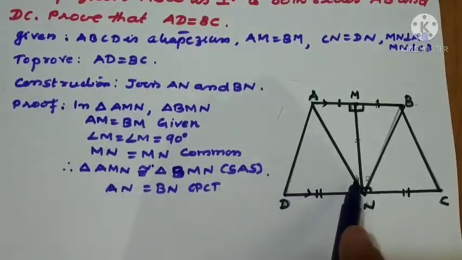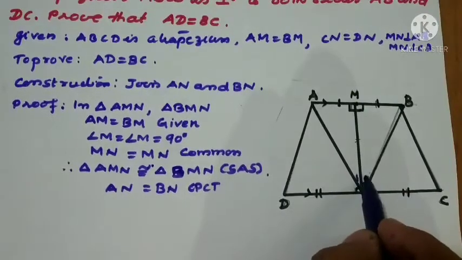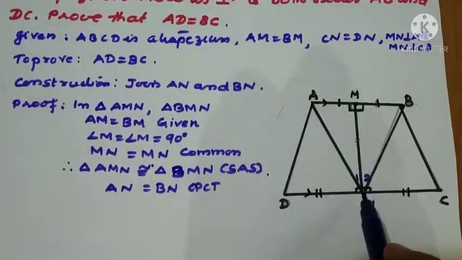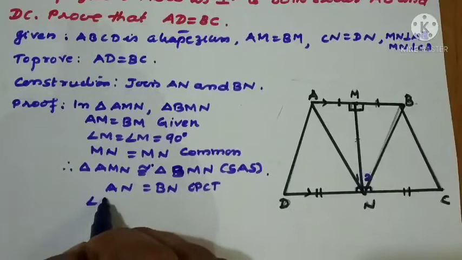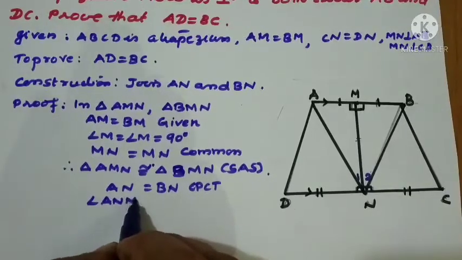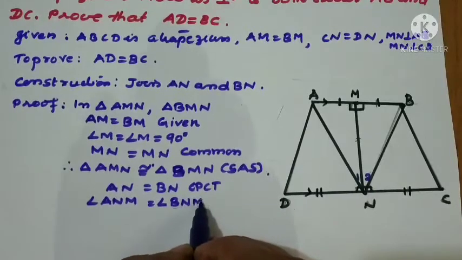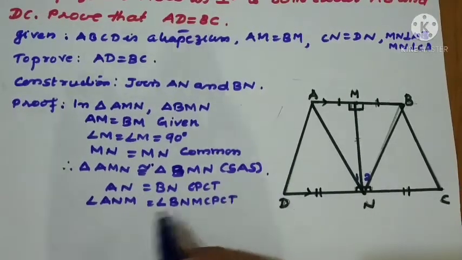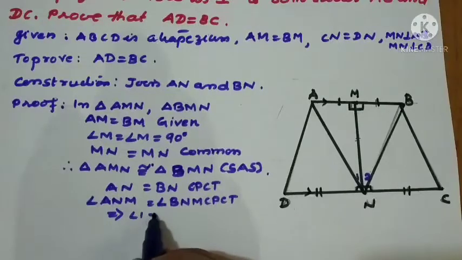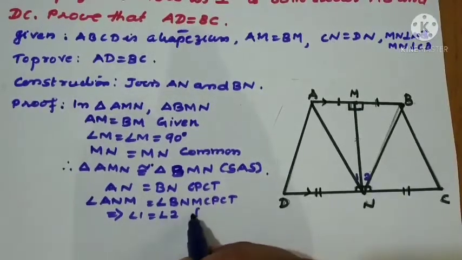Similarly, angle 1 and 2 we mark in the figure, that is angle ANM equals angle BNM. CPCT implies angle 1 equals angle 2 from the figure.